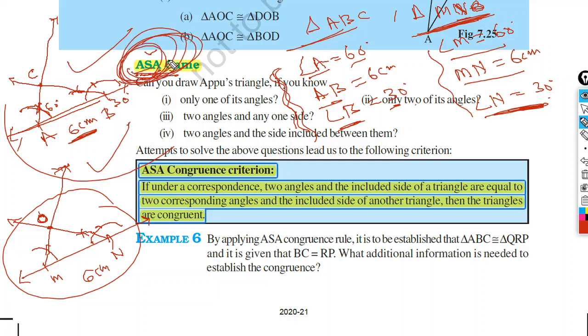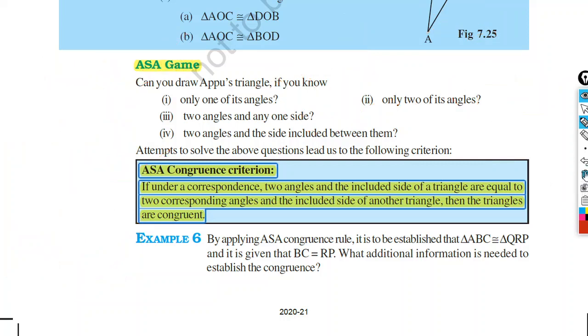This is the criterion, and please write it and remember it. Under certain correspondence, two angles and the included side of a triangle are equal to two corresponding angles and the included side of another triangle. Remember it. Angle side angle means one angle, another angle, and the included side.